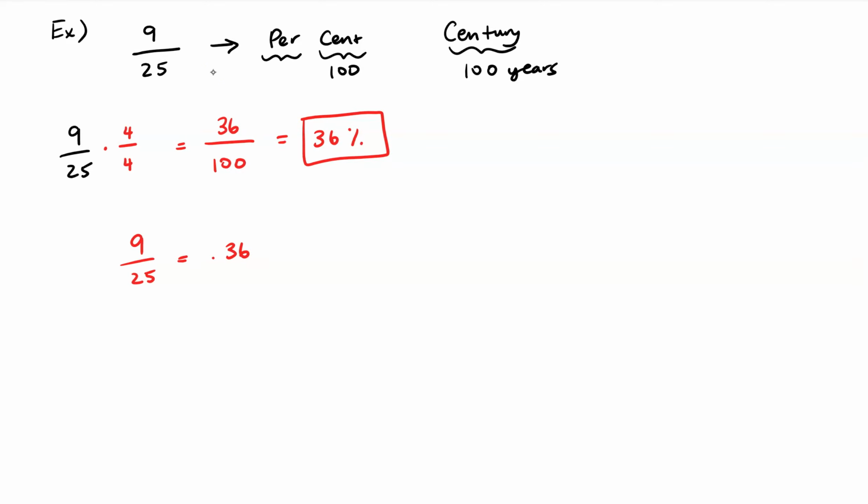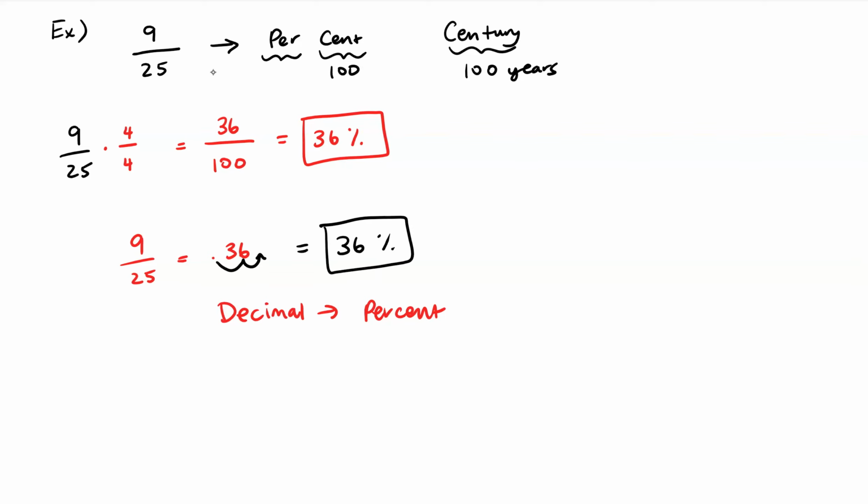And if we're going from a decimal to a percent, then we take the decimal point and we move it to the right 2 units. So 0.36 is going to equal 36%, or 36.0%. Either is fine. So that is how you do that.